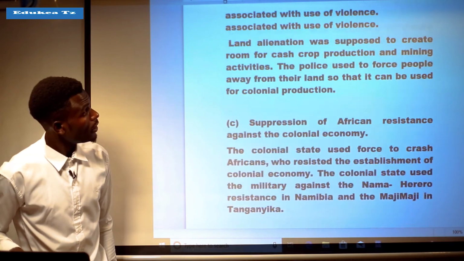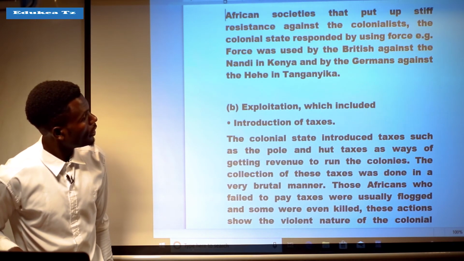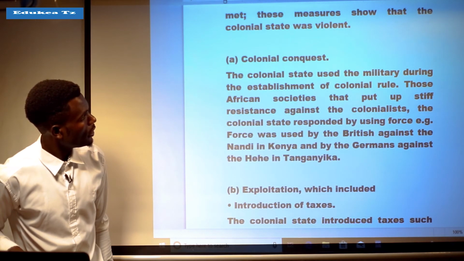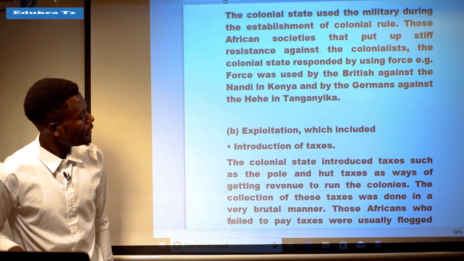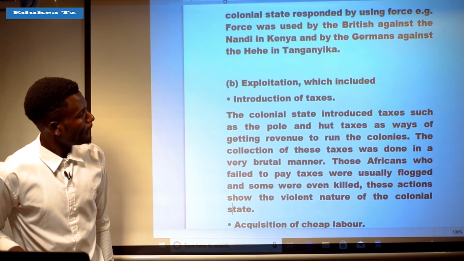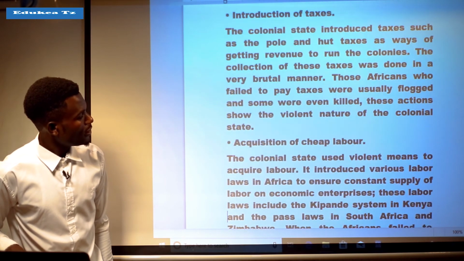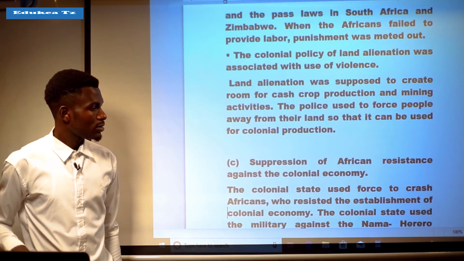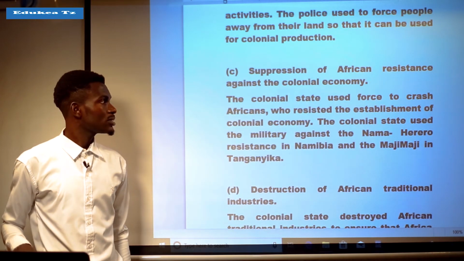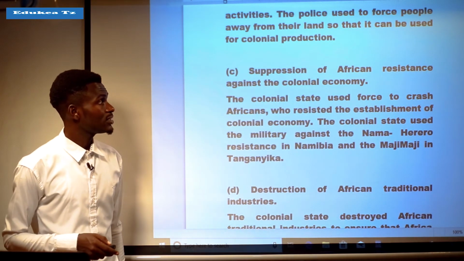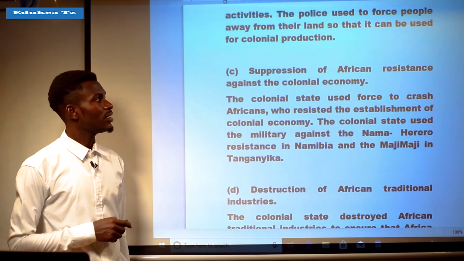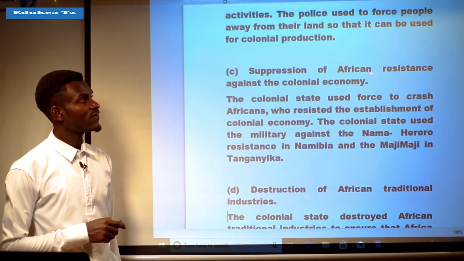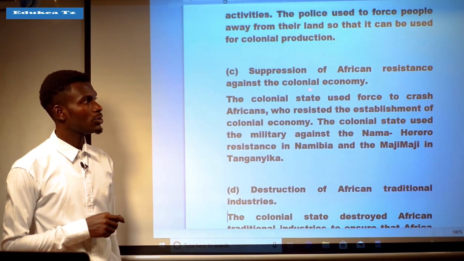Another measure that shows us that the colonial state was violent in nature was suppression of African resistance against the colonial economy.